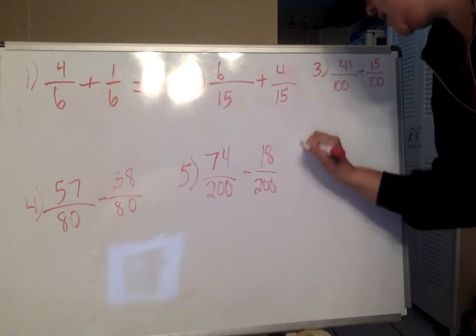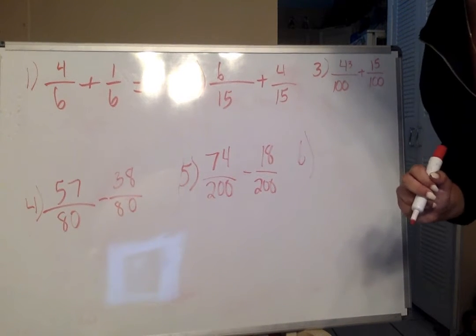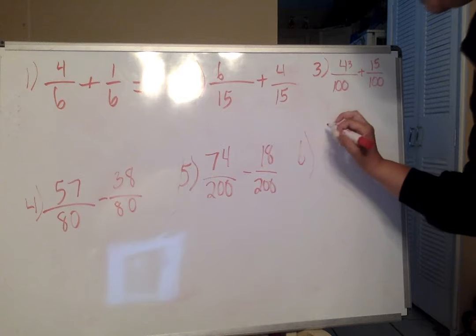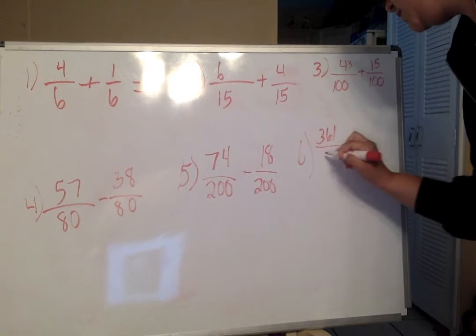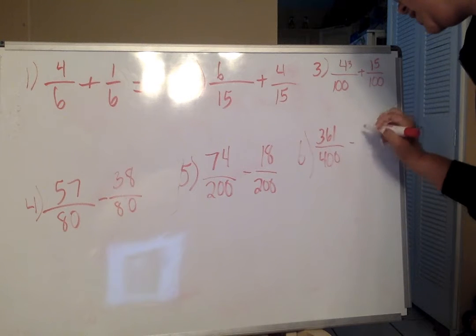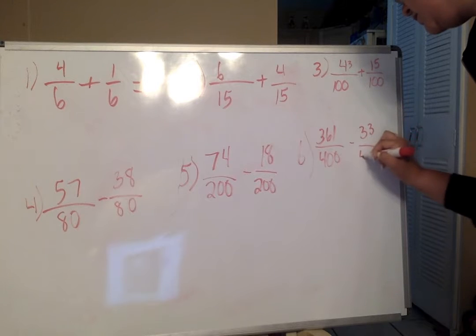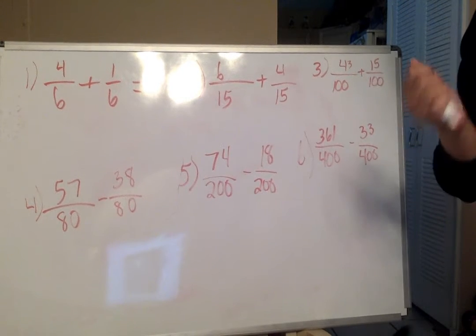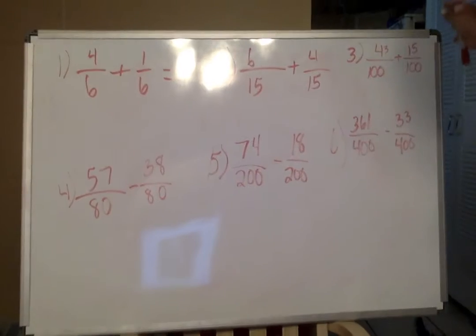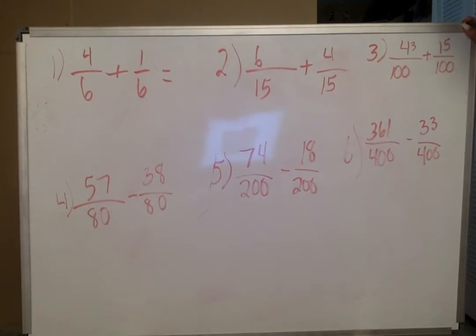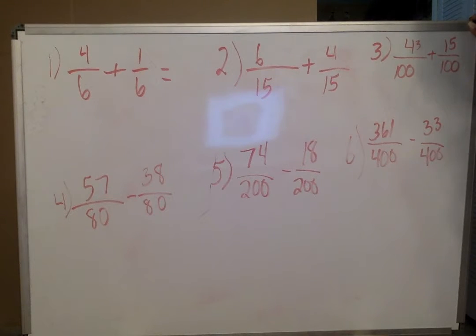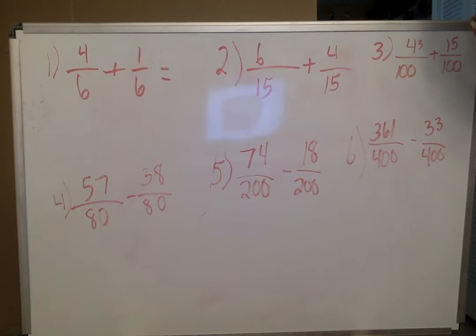And for number 6, we'll do 361/400ths minus 33/400ths. Okay, so I will move this again so you can see them, and I know they're backwards, so go ahead and pause me and fix what you need to fix, work on them, and then you can unpause me when you're ready to move on.